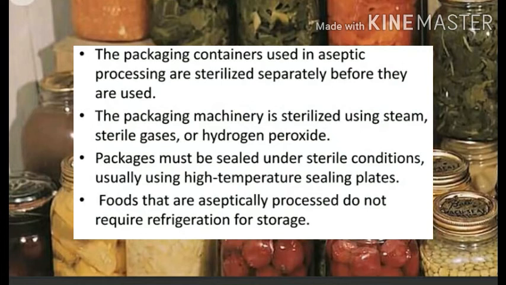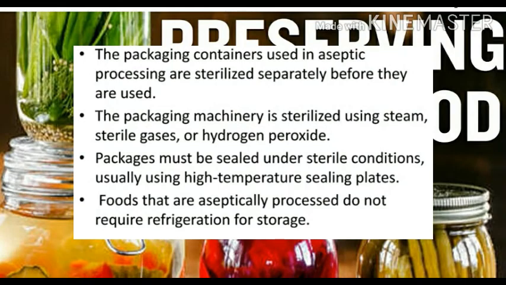That is aseptic packaging. And next, packaging containers used for aseptic processing are sterilized separately before they are used. The packaging machinery is sterilized using steam, sterile gases or hydrogen peroxide.